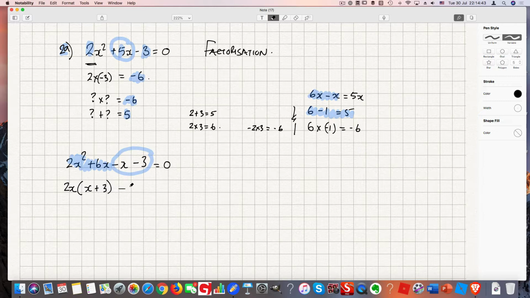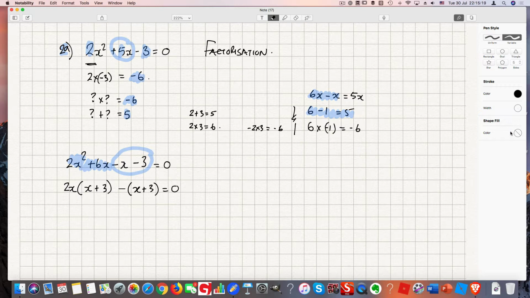Then minus, I'm going to factorize the minus because I want a positive inside, so that this x plus 3 is the same as the x plus 3 I'm going to get here. Because x plus 3 and x plus 3 have to be the same. And if I multiply by this negative, this minus 1, then a negative times x is minus x, and a negative times 3 is minus 3. So it goes back to that.